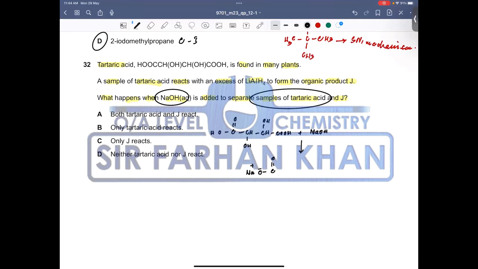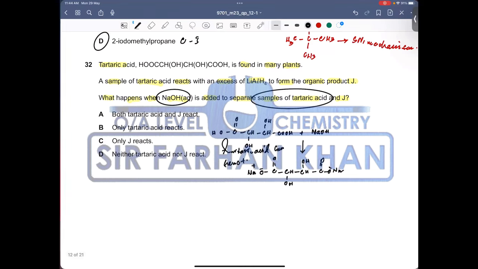So alcohol won't react, but carboxylic acid can react. So tartaric acid can react. That is the second part of the question, which we have discussed.